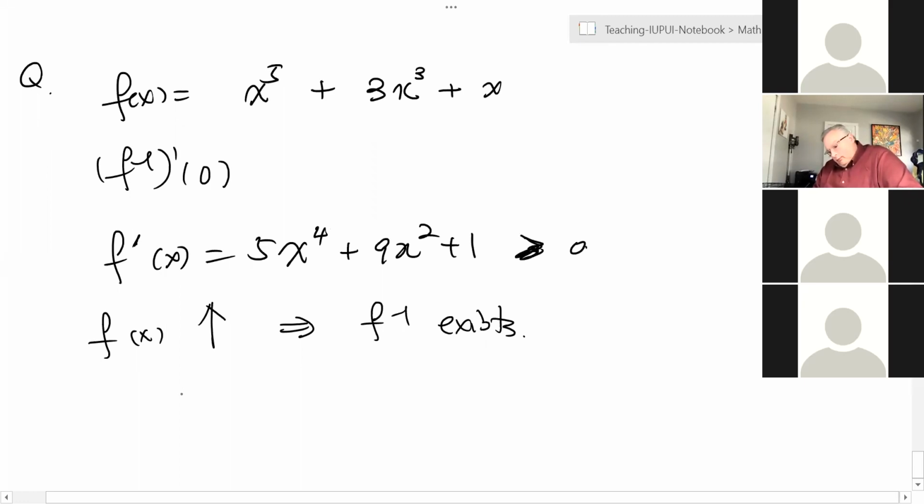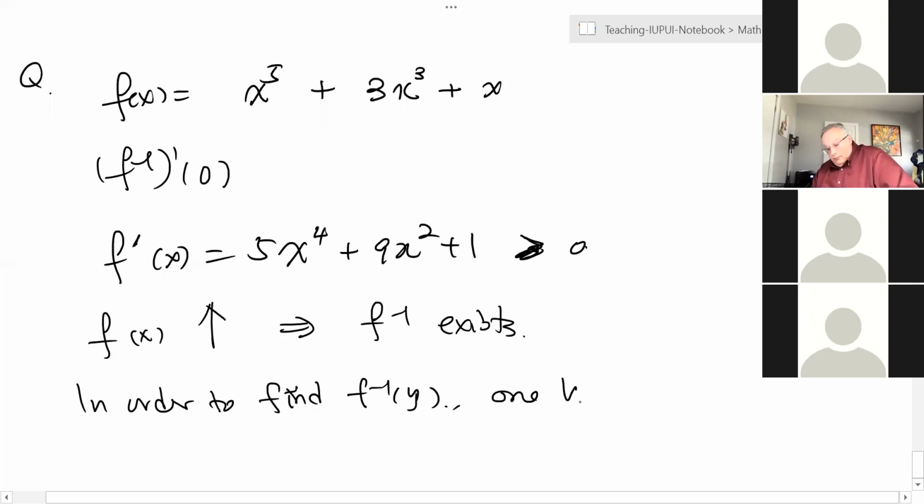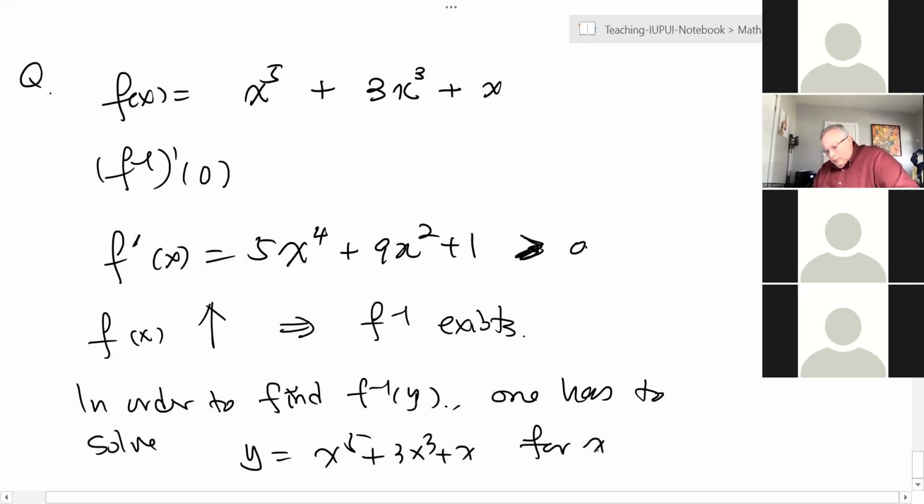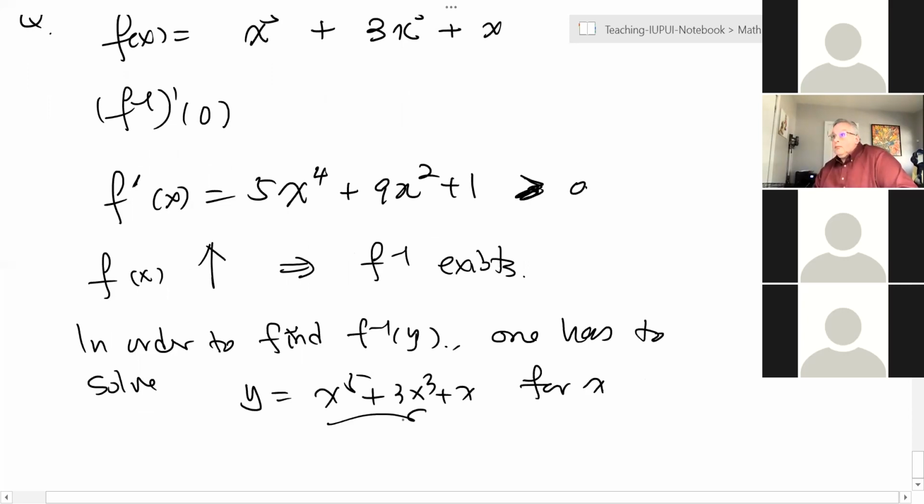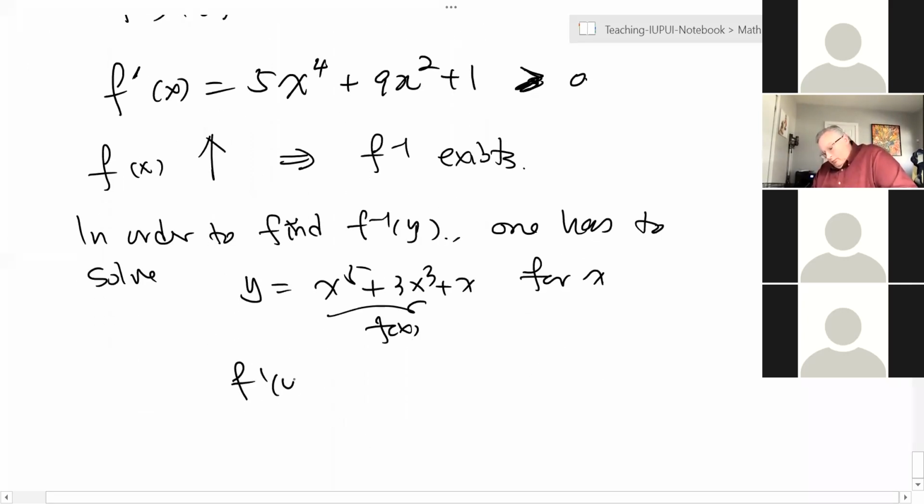In order to find it, one has to solve this equation for x. So this is the f of x. When you solve for x, you will get something like that.